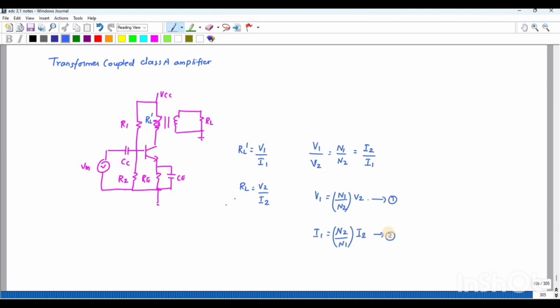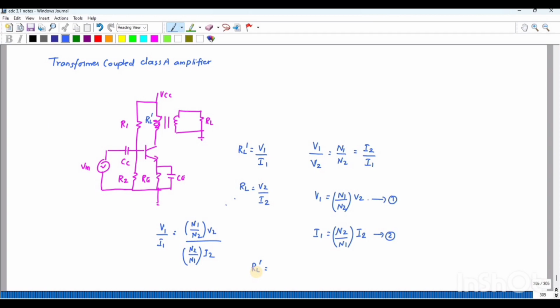You divide the first equation by the second equation, so you will get V1 by I1 is equal to N1 by N2 into V2 divided by N2 by N1 into I2. What is V1 by I1? V1 by I1 is RL bar, that is equal to N1 by N2 the whole square into RL.